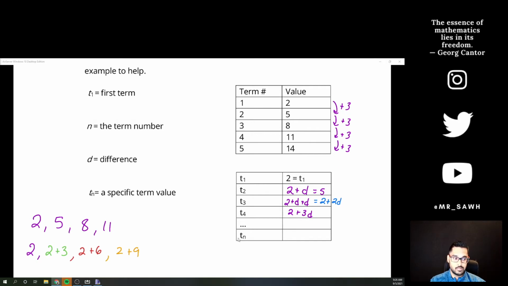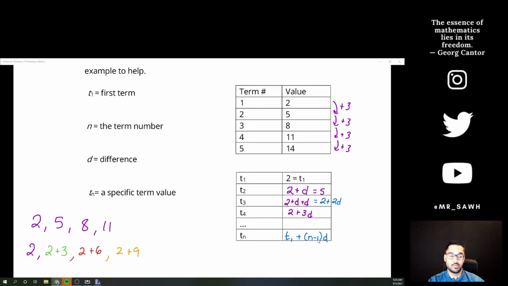So if I don't know how far I'm going to go, let's call this Tn. This could be any term. What this means for us is our formula will say take the first term, add to it a number of common differences that's always 1 less than your term number. Since my term number is n, the number of common differences I'm going to add is 1 less than that.